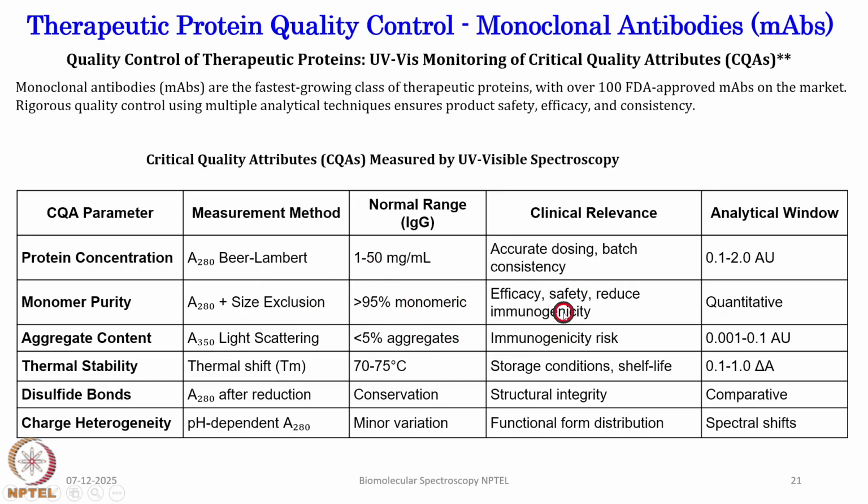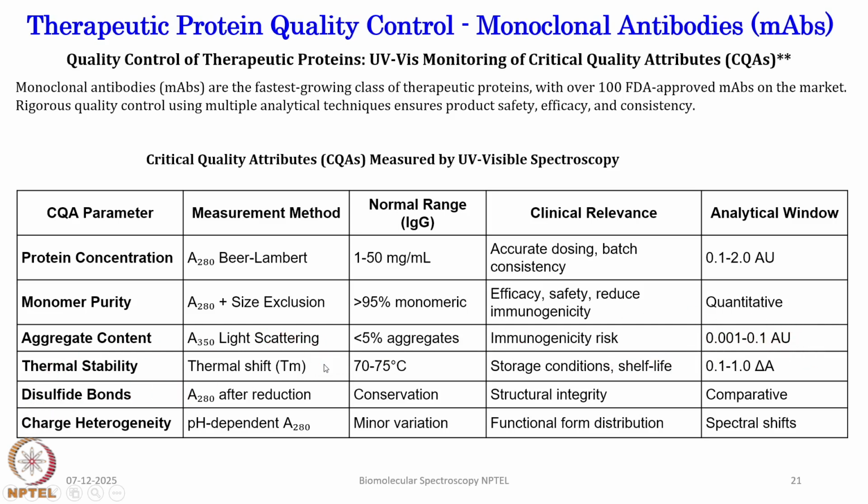So, it ensures the efficacy, safety and immunogenicity, right. It is quantitative. The aggregate is a very dangerous species; you can measure it by absorption at 350, which is not absorption but scattering, and you can measure up to less than 5% aggregate. This has a huge immunogenic response, and up to 0.1 AU is the analytical window.